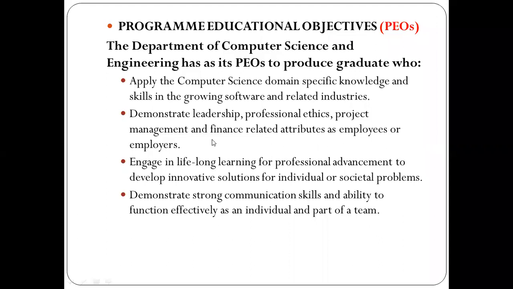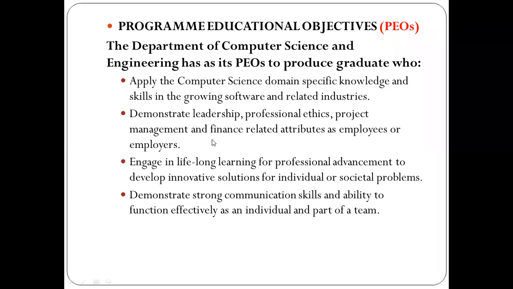Now, program educational objectives. The Department of Computer Science and Engineering has its program educational objectives to produce graduates who apply the science domain specific knowledge and skills in growing the software and related industries. Now, what is the objective of our computer science and engineering course?